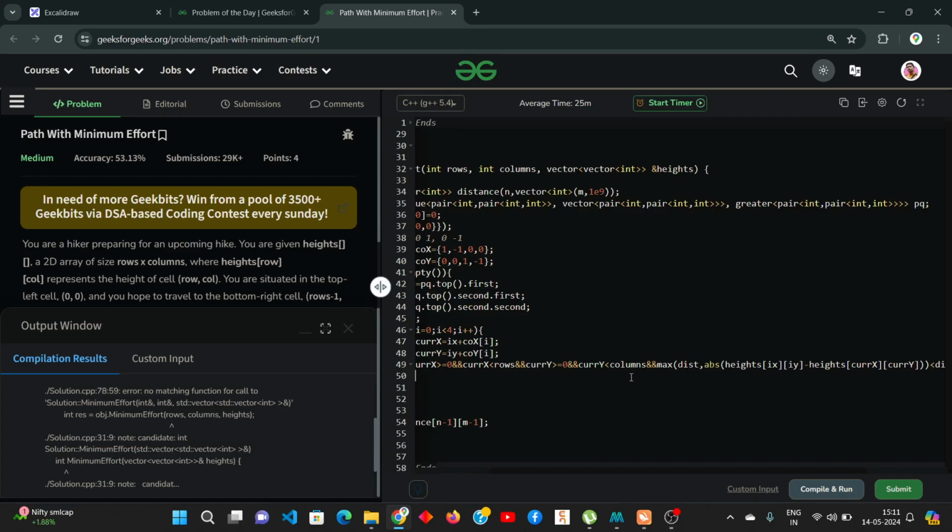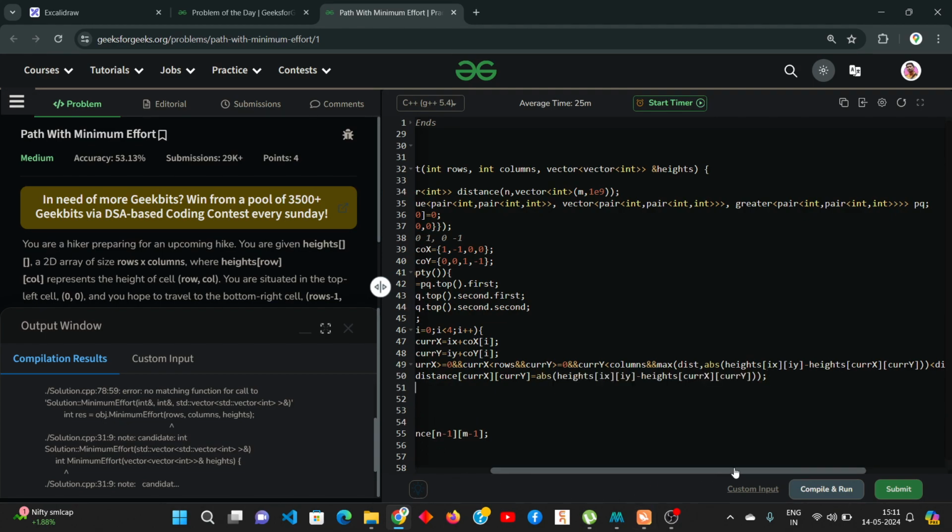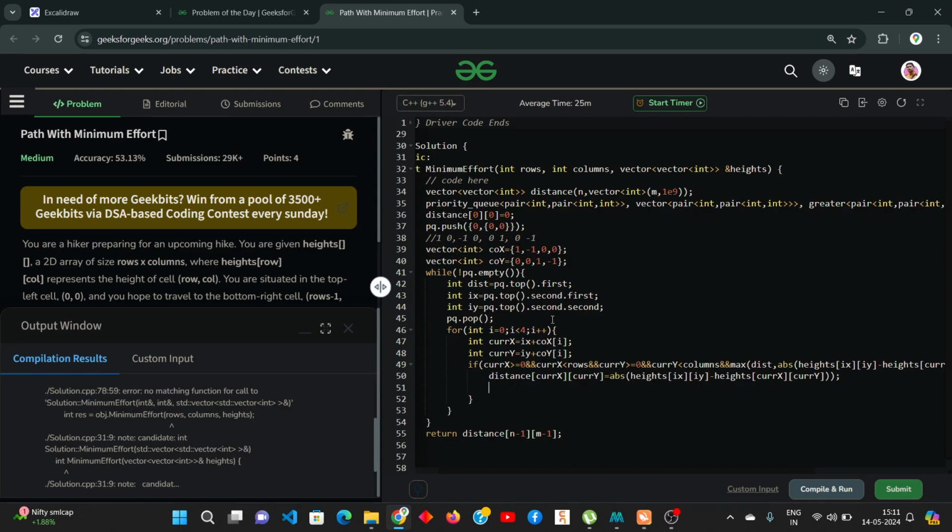and we are copying this value because we will need this one, and the distance of cx cy will be updated by this value, and also we have to push this current position and the weight into our priority queue, that is push.